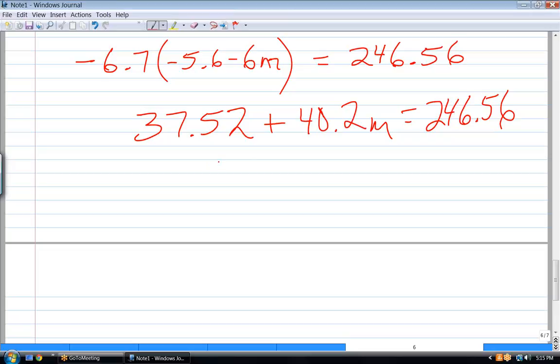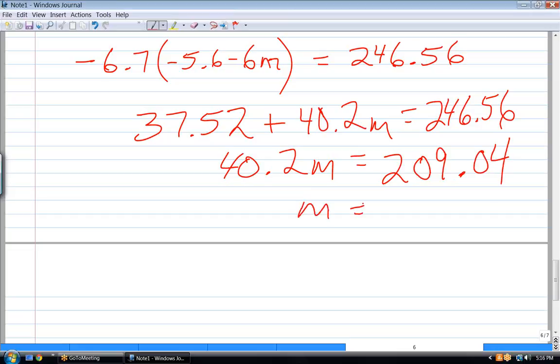So the first thing you do is subtract 37 from both sides. Okay. And you get 40.2 M equals 209.04. Okay. And then I'm just going to divide with my calculator. You don't need to re-enter that number. Just divide your answer by 40.2.